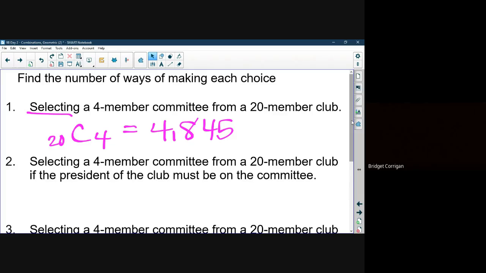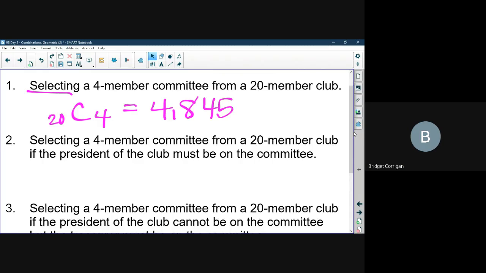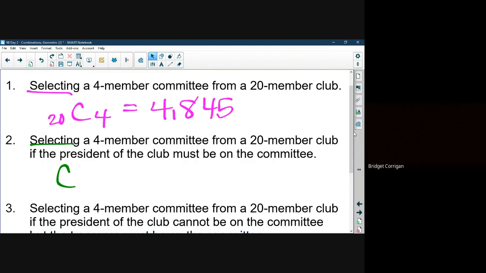Now here we get a little bit harder. We're going to select a 4-member committee from a 20-member club if the president of the club must be on the committee. The wording sometimes with these problems gets a little bit tricky. We're still selecting, so we're still doing a C. We're still selecting 4 members, but sometimes it helps to draw a little visual. You have 4 people out of the 20 on this committee, and the president absolutely has to be on it.